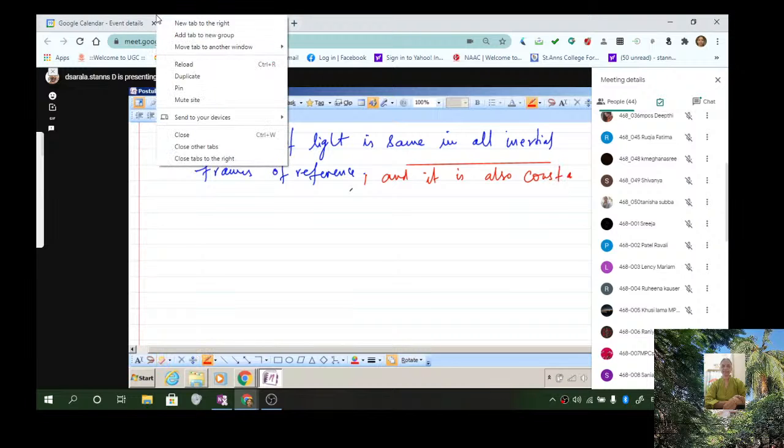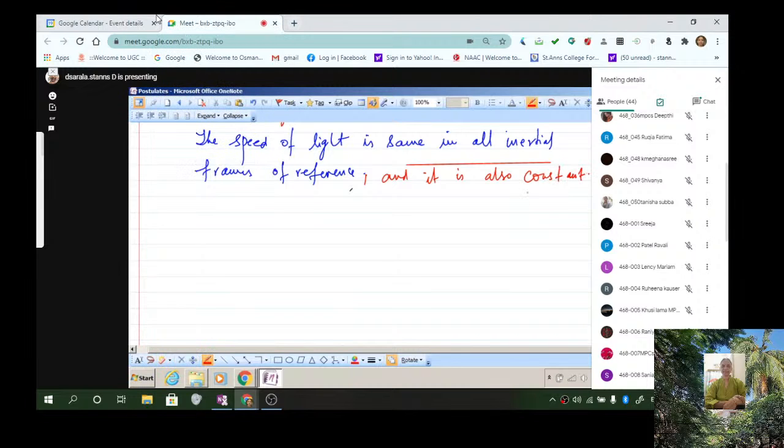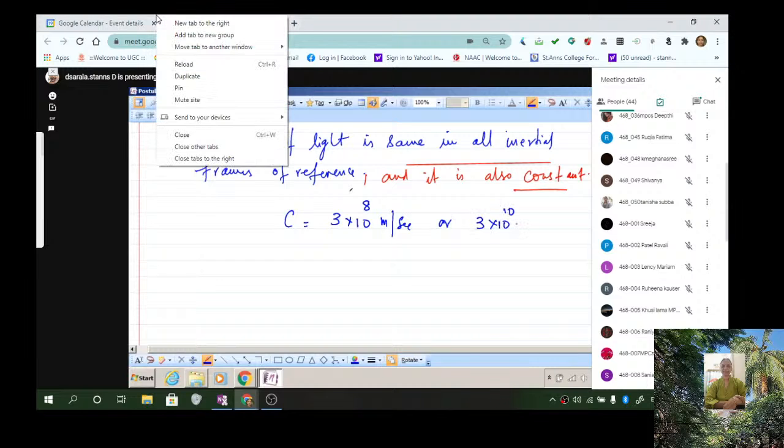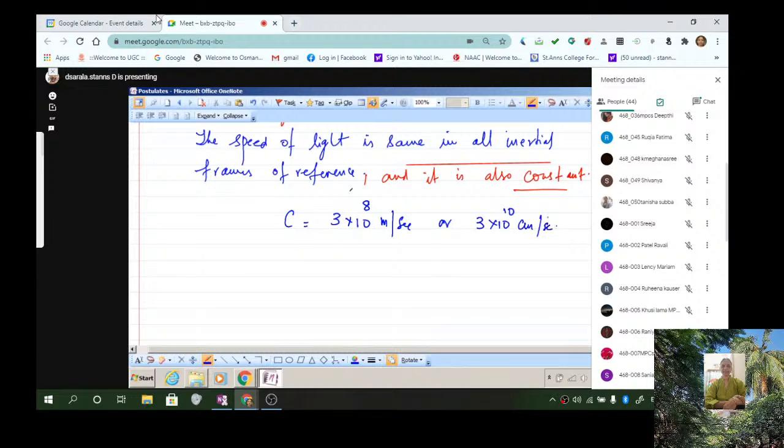Constant in all frames of reference. And what is the constant value with which the light is moving? The velocity of light is constant, and it is equal to 3 into 10 to the power 8 meters per second, or 3 into 10 to the power 10 centimeters per second.